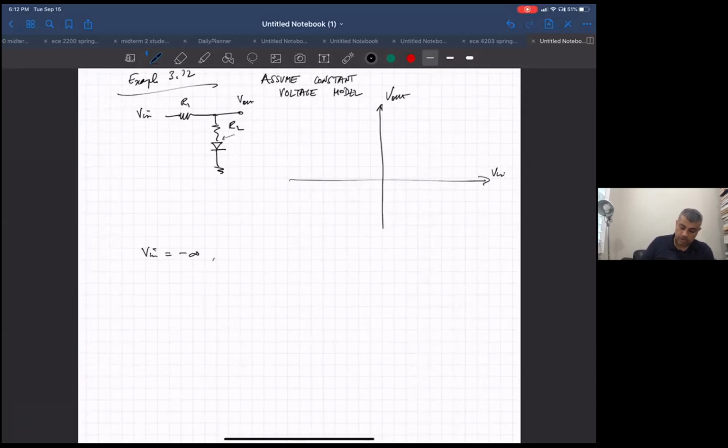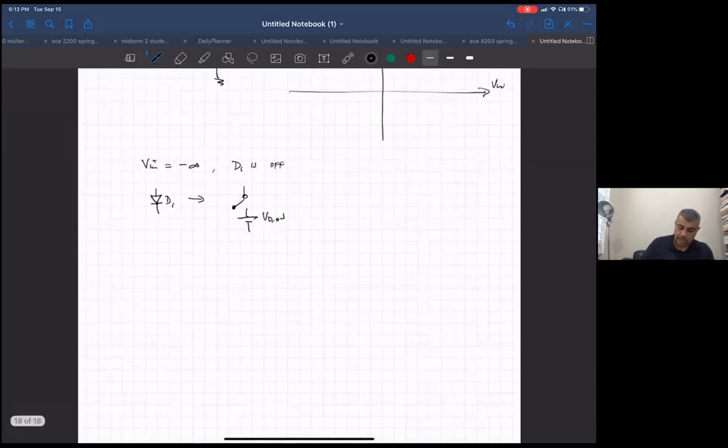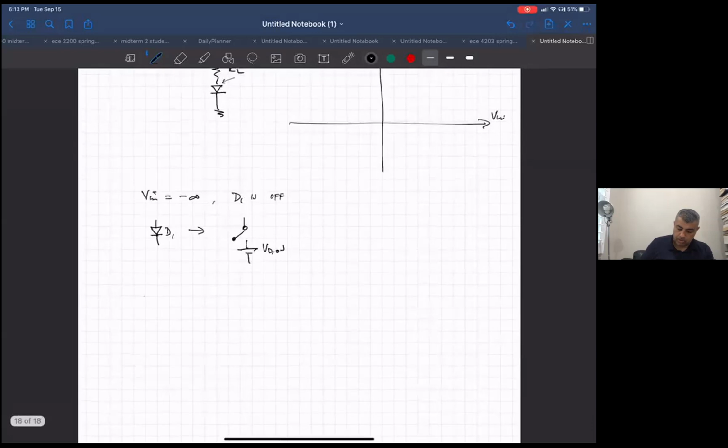So D1 is again off, and we draw D1 as an open switch. It has a battery in series with it, VD on, but it doesn't matter because you won't see the battery since the switch is open.